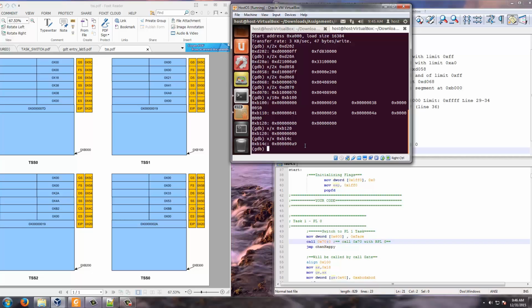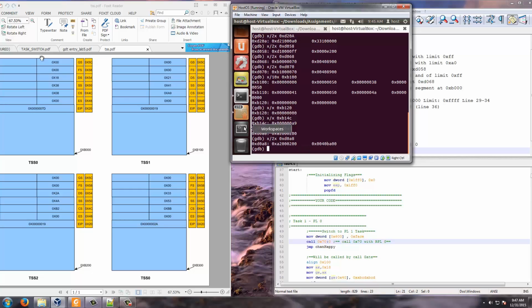Let us see where A9 should be. A9 should be at x/x 0xD0A8. Please note that this is a code segment that starts at A200 of size 200, and it is of privilege 1.